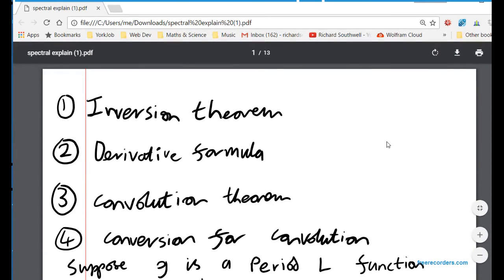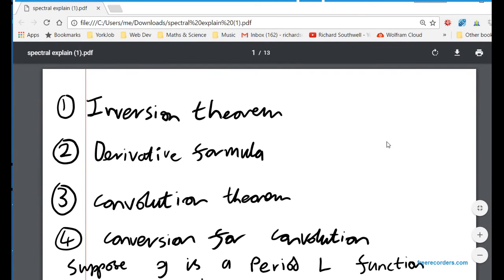I call this the derivative theorem. It's a spectral method based solution to the age-old problem of, if you know what a function is doing at certain points, how do you calculate its derivative at those points? That's our application to differentiation.